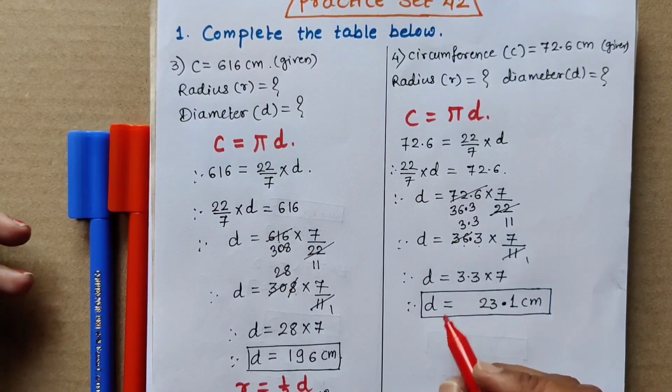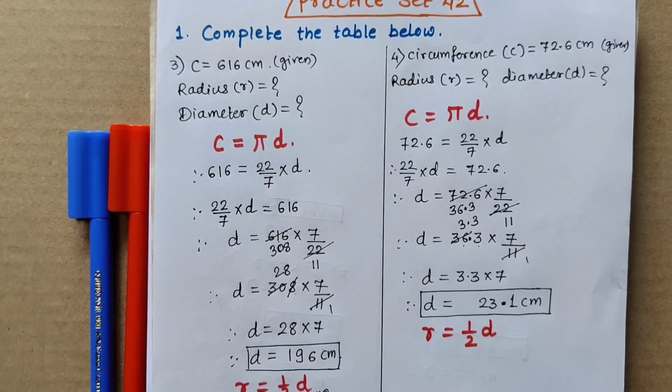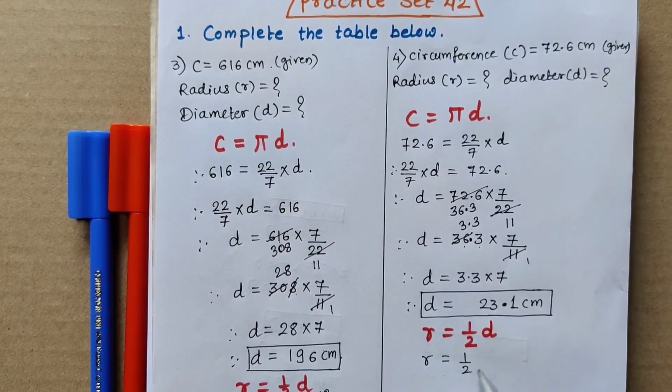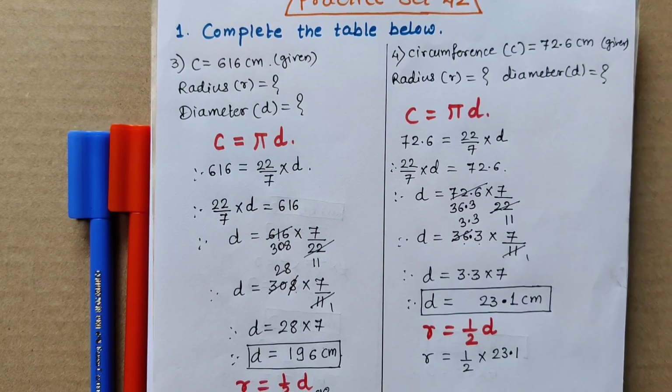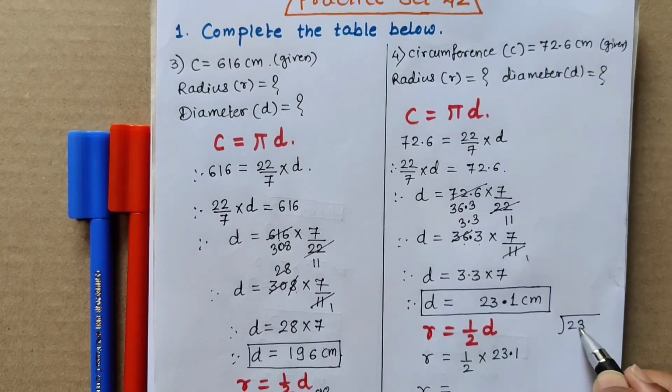Okay, now let us find out the radius. Radius is half of diameter, so half D. So R is equal to half into 23.1. Okay, so R is equal to 23.1 means 231 divided by 2.